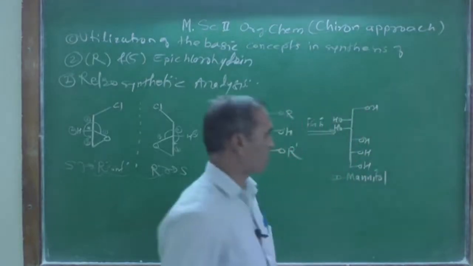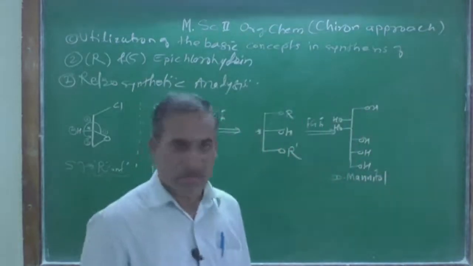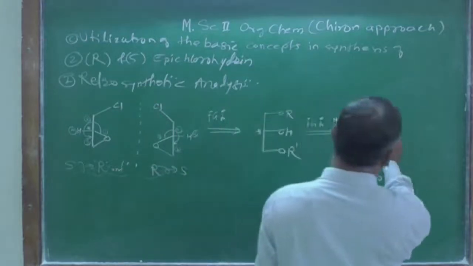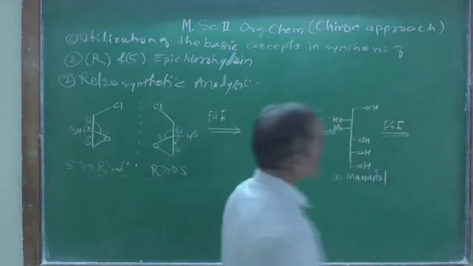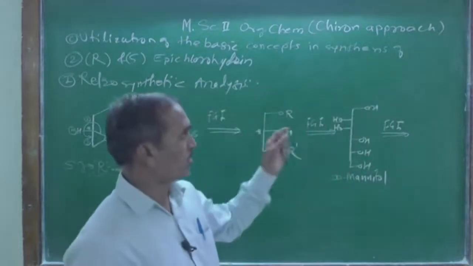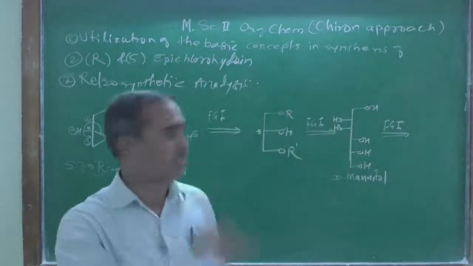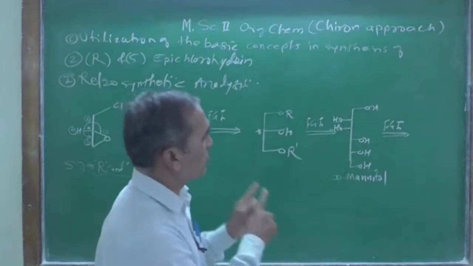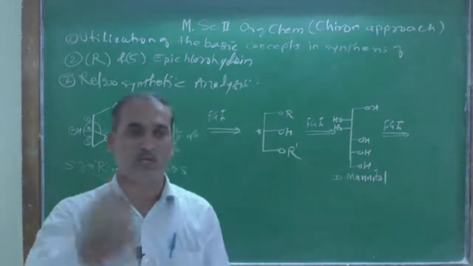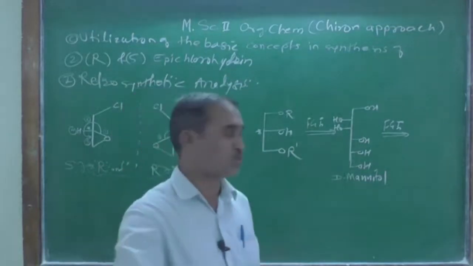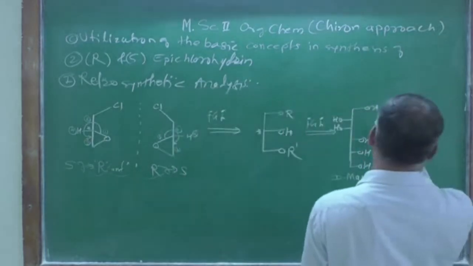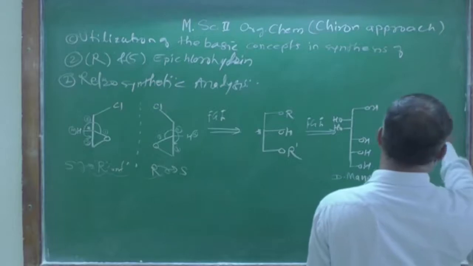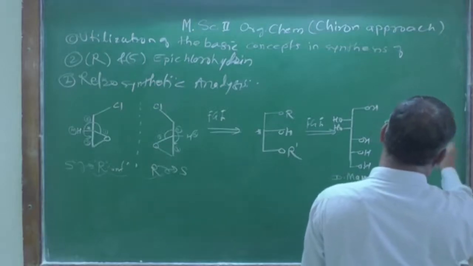D-mannitol, and this is the structure of D-mannitol, and D-mannitol can be obtained from, again, a functional group interconversion. The way the FGI is written over the disconnection arrow means one of the functional groups is converted into another functional group, so that disconnection becomes possible, and therefore here what do you get? Here will be this one.